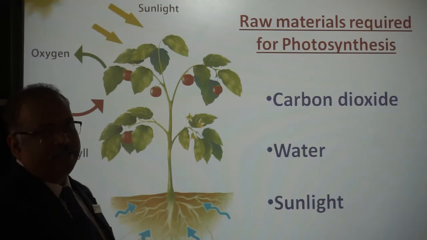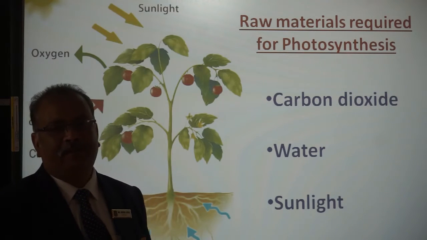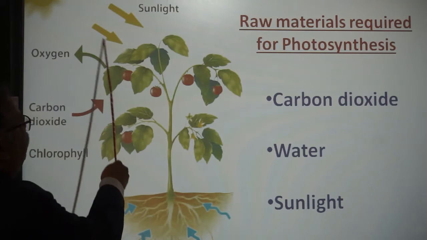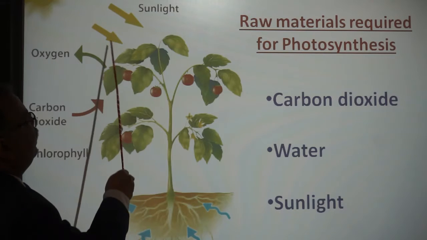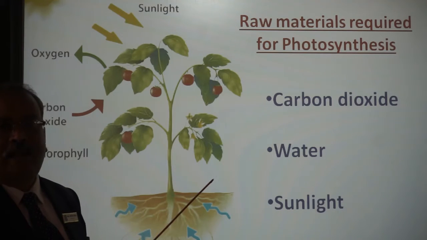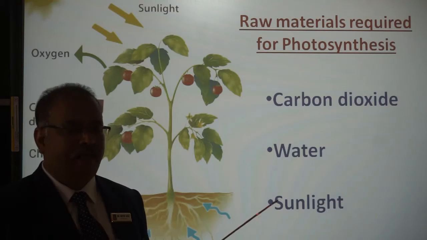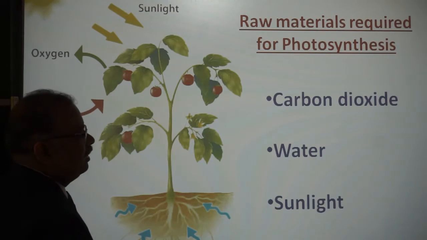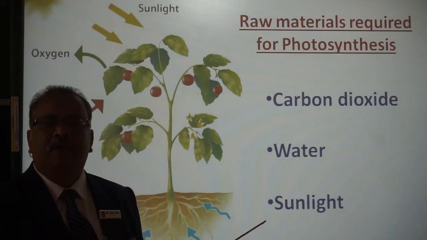Third one is sunlight. Everyone knows sunlight, we get it from the sun. So here you can see the arrows, which show that the plant is receiving sunlight. It is trapping sunlight. And how can plants trap sunlight? It is trapped in chlorophyll. Now what is chlorophyll?